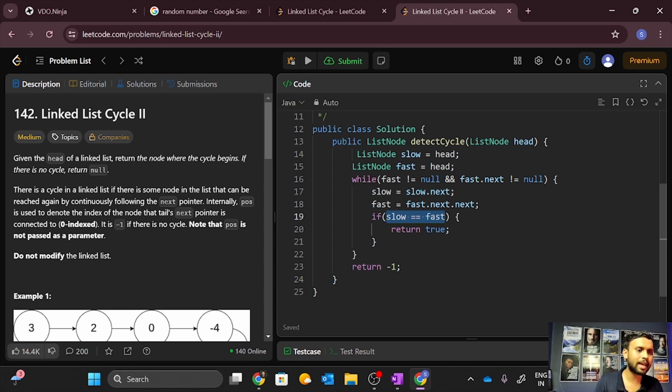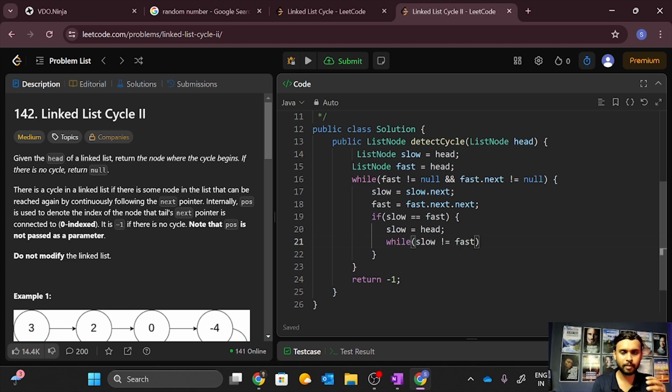So as soon as my slow and fast meet, as soon as they are pointing to the same node, listen carefully, I will move one of the pointers to the head. For example, I will move slow to head. Then I will run a while loop until slow is not equal to fast. This time I am incrementing both slow and fast by one place only instead of 2.